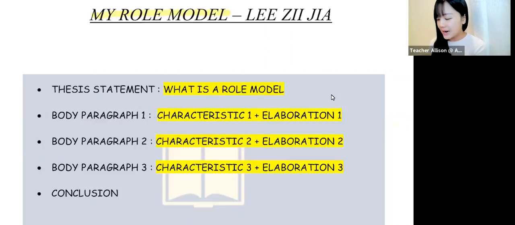You have to give the example, and at the same time, how can you utilize it in your own life? You know what I'm trying to say? After your thesis statement, you must give your body paragraph 1, body paragraph 2, body paragraph 3, and last but not least, a simple conclusion on the importance of looking for a role model.